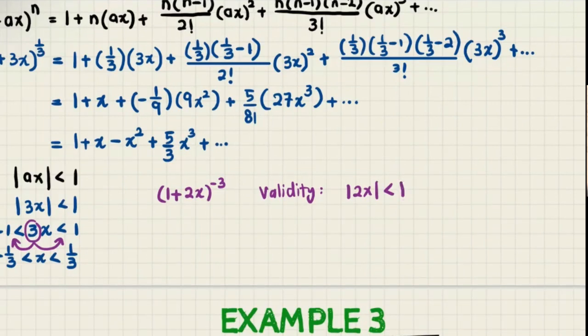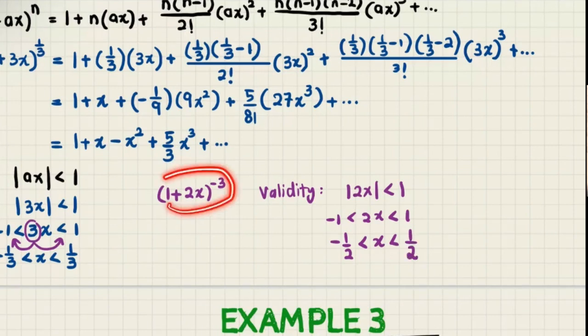Okay, so bila modulus less than 1, sebenarnya kita boleh terus tukar dia kepada 2x in between negative 1 dengan 1. Okay, so ini sebenarnya datang daripada graf. Tapi yang ni kita buat cara express lah. Kalau modulus less than 1 memang dia akan jadi in between. So untuk pindahkan dua ini, okay, so now it will become negative 1 over 2 less than x less than 1 over 2. So that means the validity for this expansion is negative half until half.